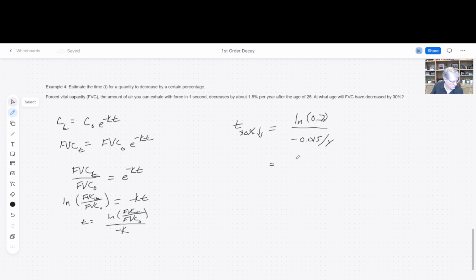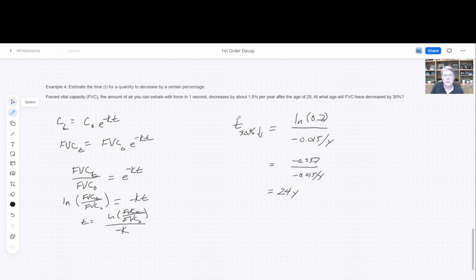If we do that, we get negative 0.357 for the natural log of 0.7 over negative 0.015 per year, and the time therefore to decrease by 30% is 24 years.